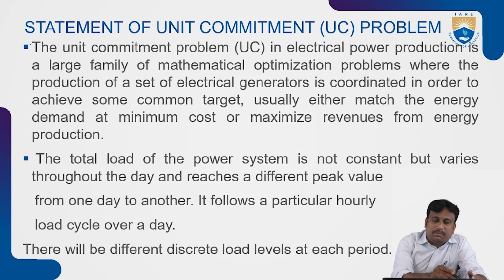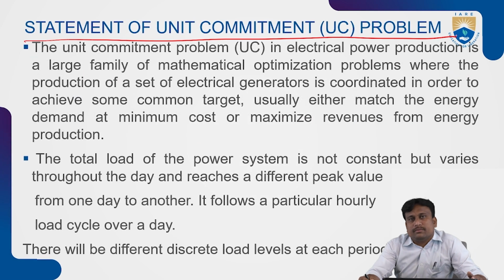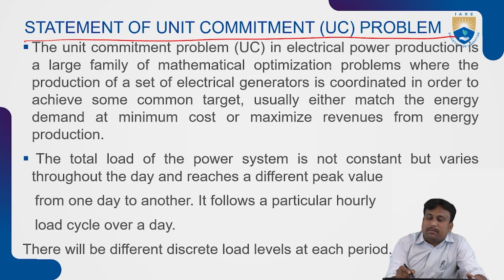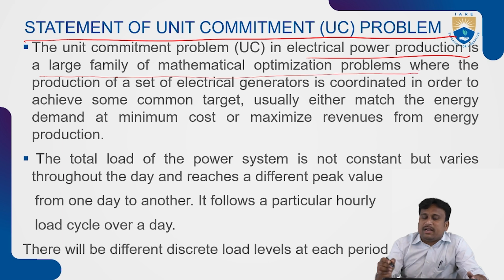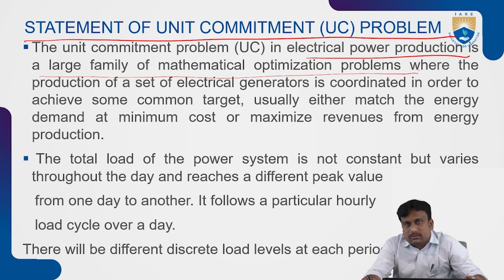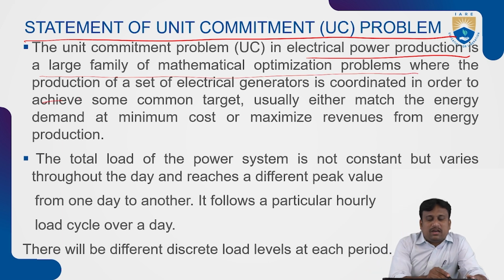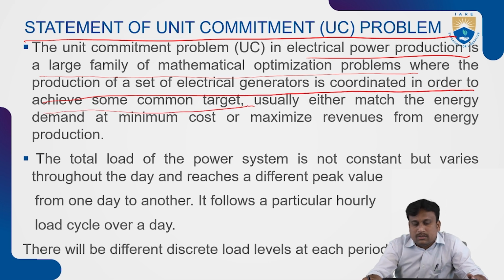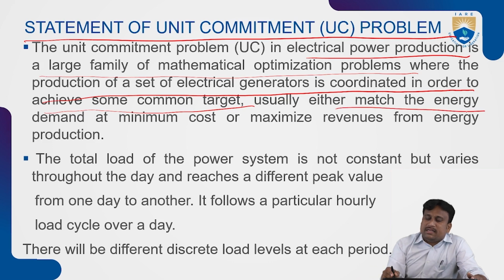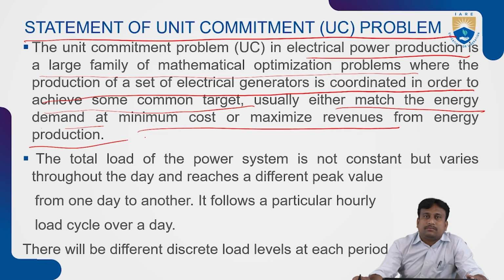What is the statement of the unit commitment problem? The unit commitment problem in electrical power production is a large family of mathematical optimization problems where the production of a set of electrical generators is coordinated in order to achieve some common targets, usually either matching the energy demand at minimum cost or maximizing revenue from energy production.